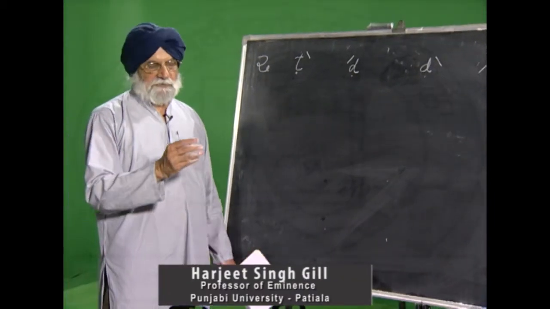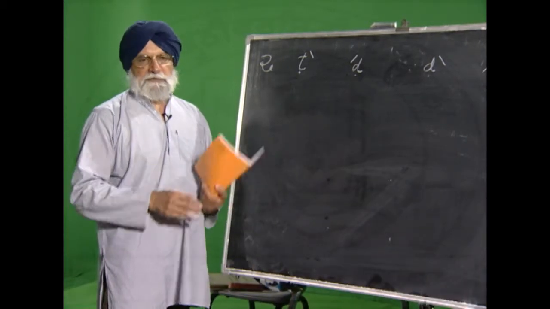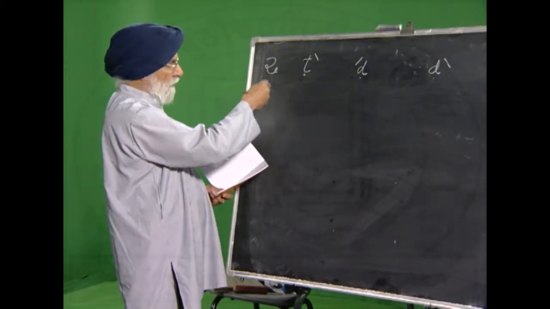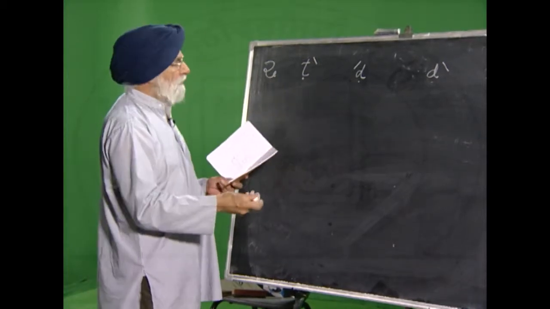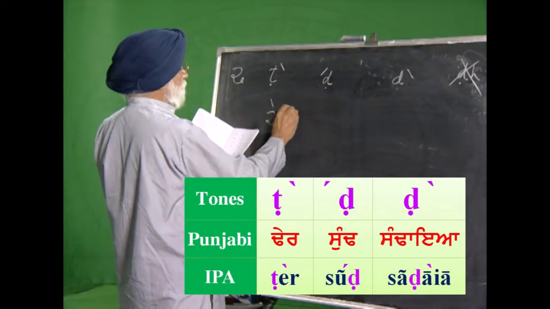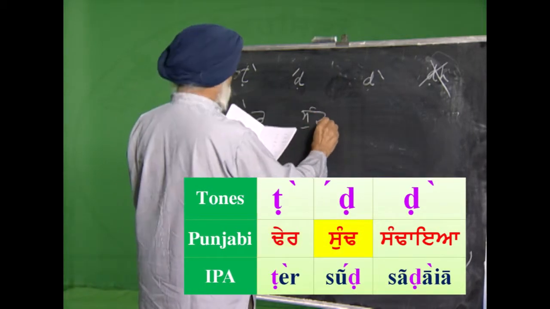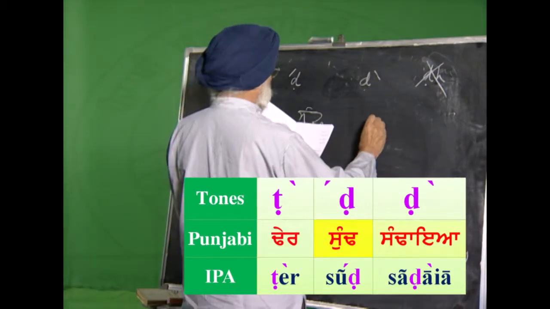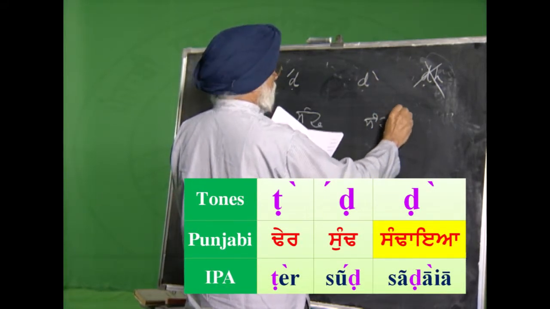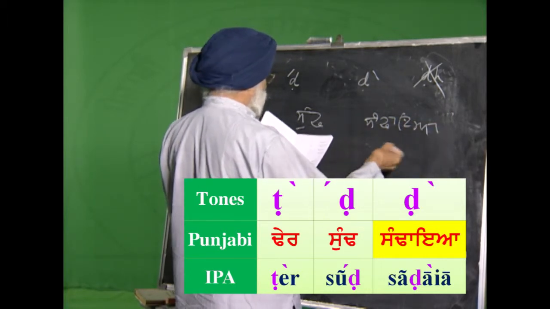You see, the structure of Punjabi is not the structure of Hindi or Sanskrit or English or French, but it has a structure. For example, all these consonants, so called voiced aspirate consonants, they behave in a certain manner. And more examples: ter, sund, and sandaya. Or mundaya or sandaya, kunda.